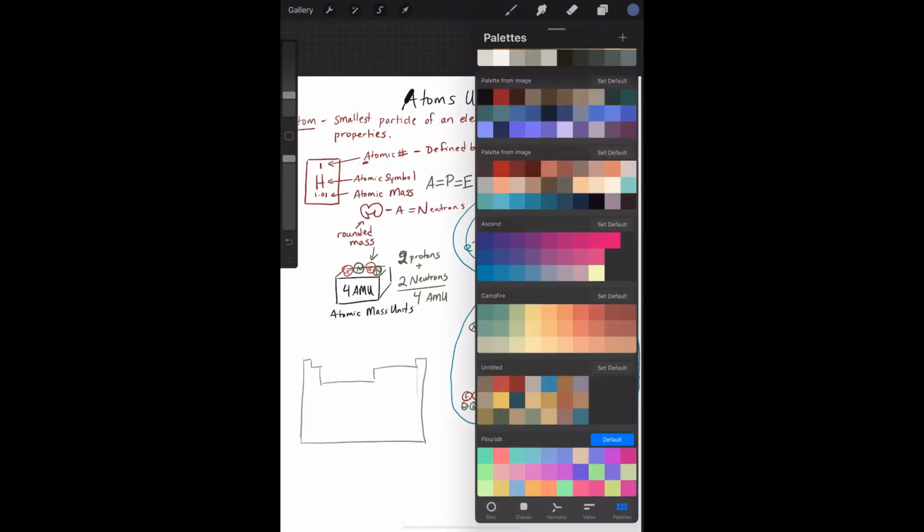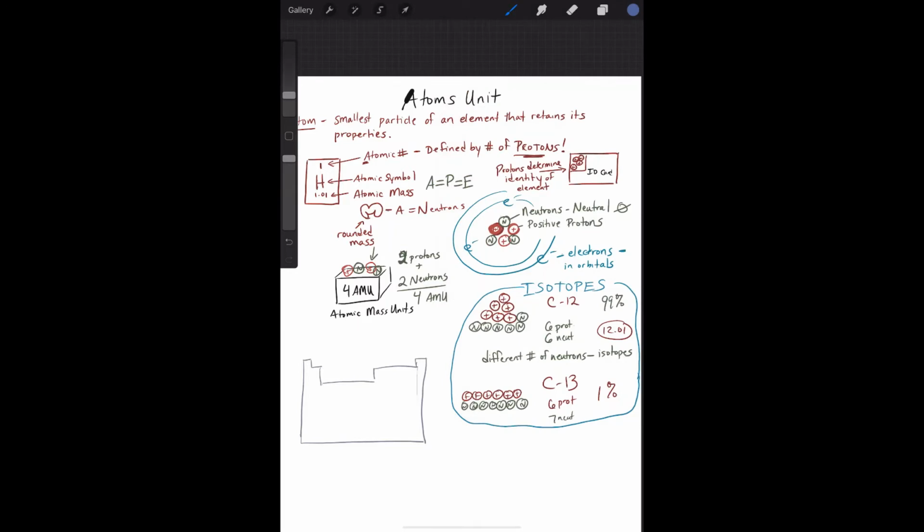So now let's get some colors here. Okay, so I'm going to talk about this period right here. I'm going to color this in, and I'm going to label my noble gases. It has 8 valence electrons, and it is stable.